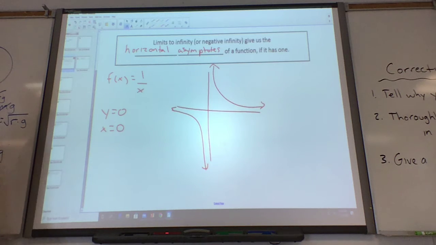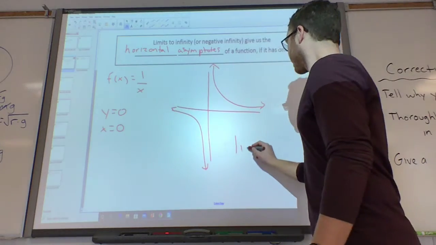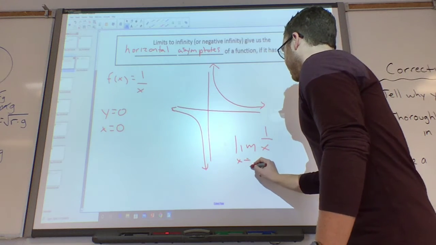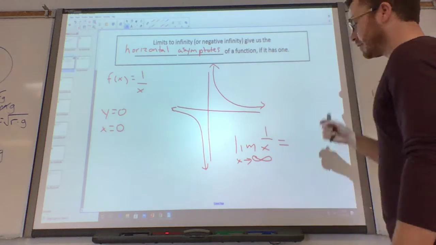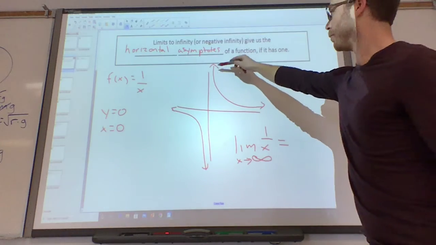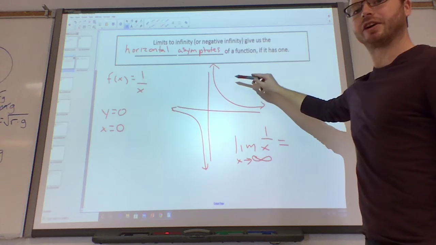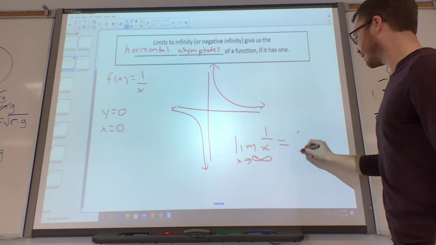an asymptote. Okay, so if we were to find the limit of 1 over x as x approaches infinity, so as we go towards infinity, what are we approaching but never getting to? 0. Good.